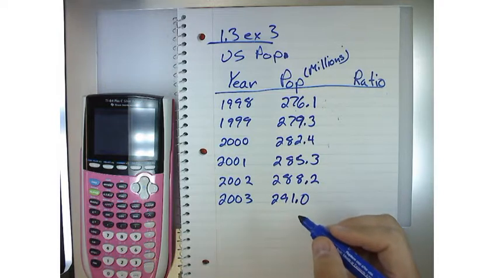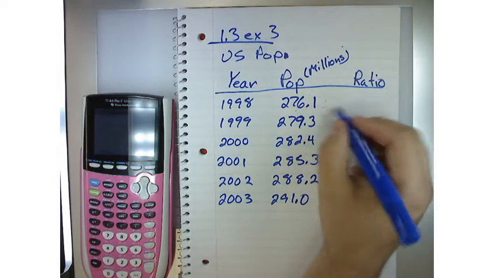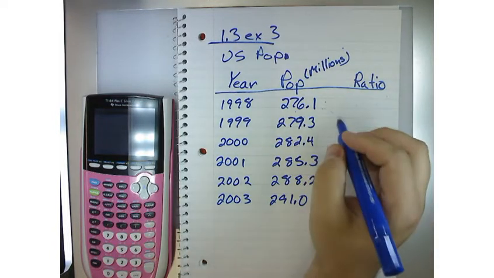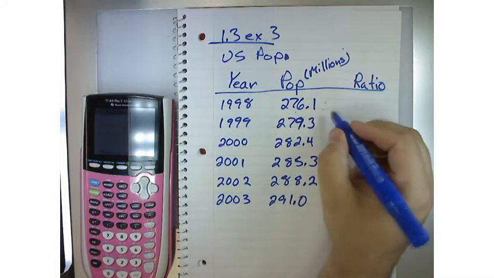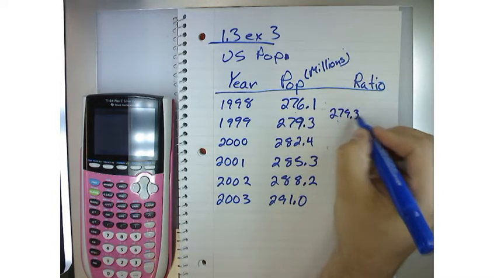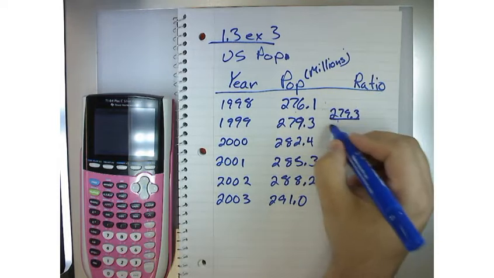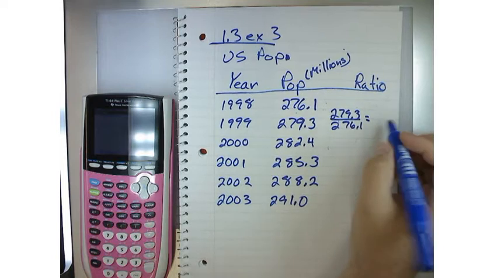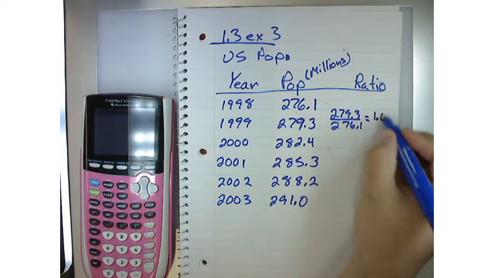And so what we want to do is check the ratio to compare the growth from year to year. The easiest way to do that is to take the second number, in this particular case 279.3, and divide it by 276.1, and that yields 1.01 roughly.